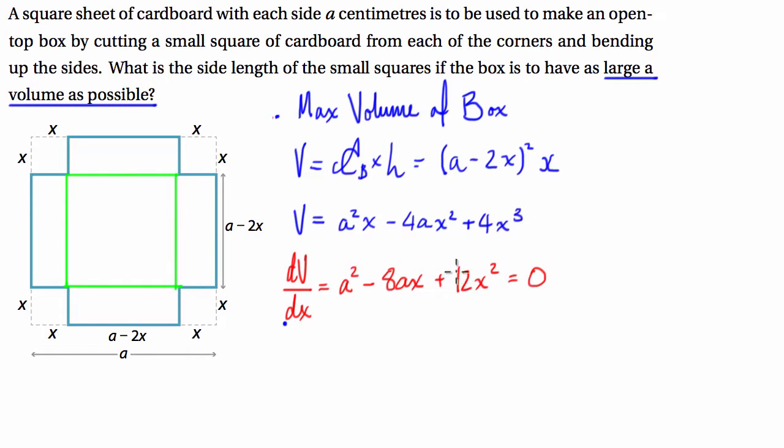To factorize this quadratic, we're going to go (A minus 2x)(A minus 6x) equals 0. And from there, the null factor law says if we have two numbers that multiply together to give 0, either this has to be equal to 0 or this has to be equal to 0. So let's start with A minus 2x equals 0.